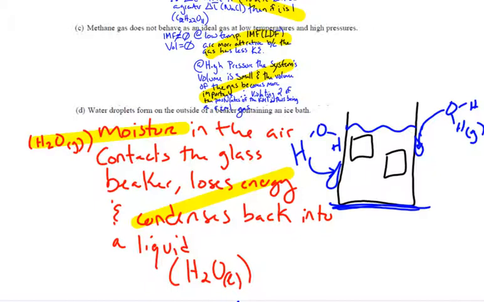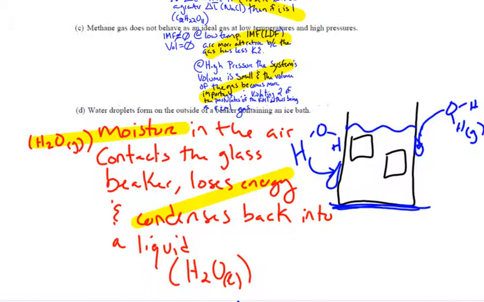Another route to go about this would be to go through vapor pressure, in which case you would get 1 point for indicating that condensation occurs because the equilibrium vapor pressure at the temperature on the surface of the glass is lower than the pressure due to the water vapor in the air in the room. If you went that route, you're smarter than me. I just like saying, okay, it's moisture in the air, loses energy, condenses back into a liquid.